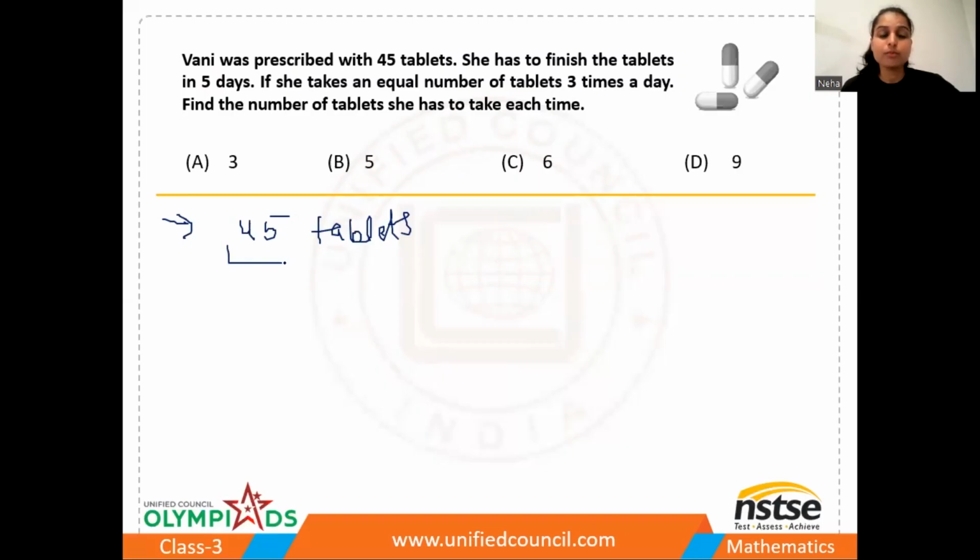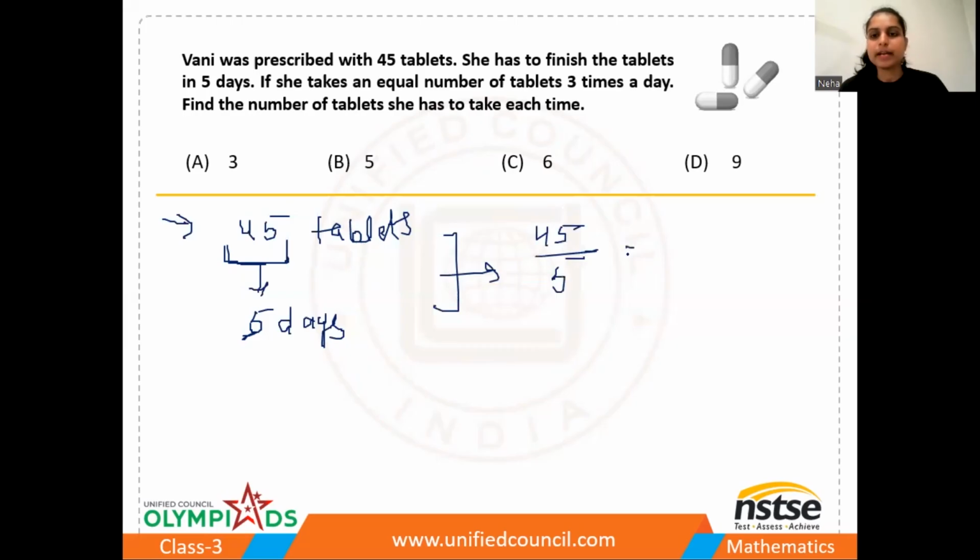So in total she has 45 tablets, and she has to finish them in 5 days. So how many tablets does she have to finish in 1 day? Obviously 45 divided by 5, right? That means 9 tablets. So she has to take 9 tablets in a single day.